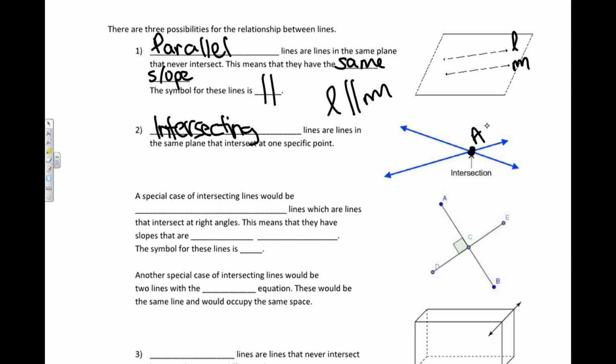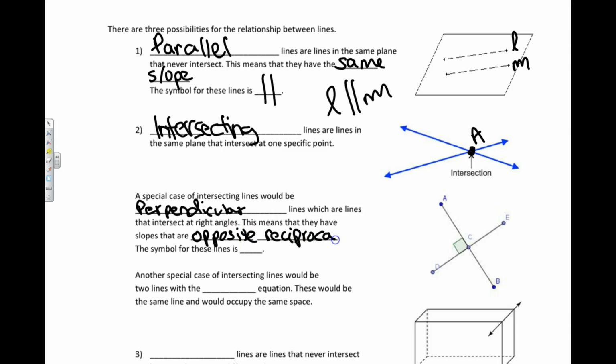Let's call that guy point A. Now, we have a special case of intersecting lines that, again, you talked a lot about in Algebra 1, and we're going to continue talking about in geometry, and that's perpendicular lines. And perpendicular lines are lines that intersect at a right angle. And this means that their slopes are opposite reciprocals.